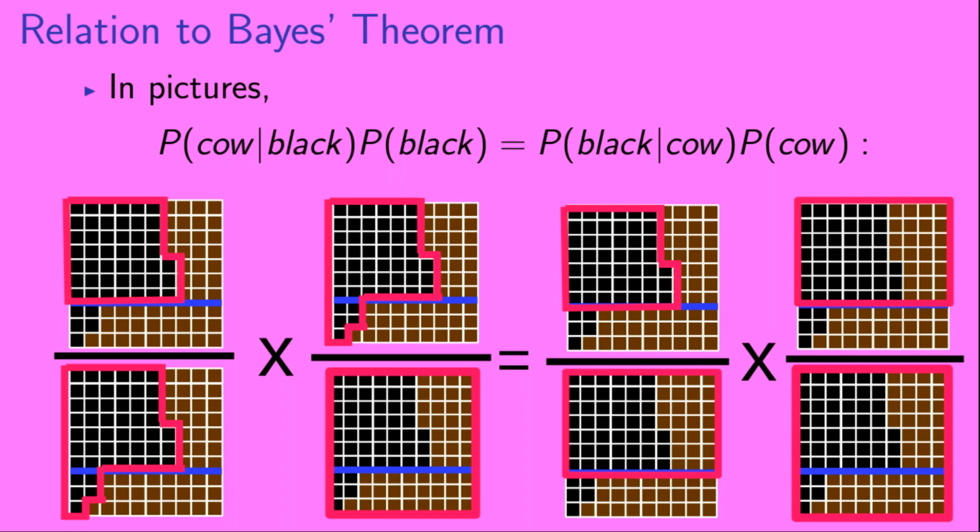On the right-hand side, we have P of black given cow times P of cow. Now P of black given cow equals the number of black cows divided by the number of cows, and P of cow equals the number of cows divided by the total number of animals.